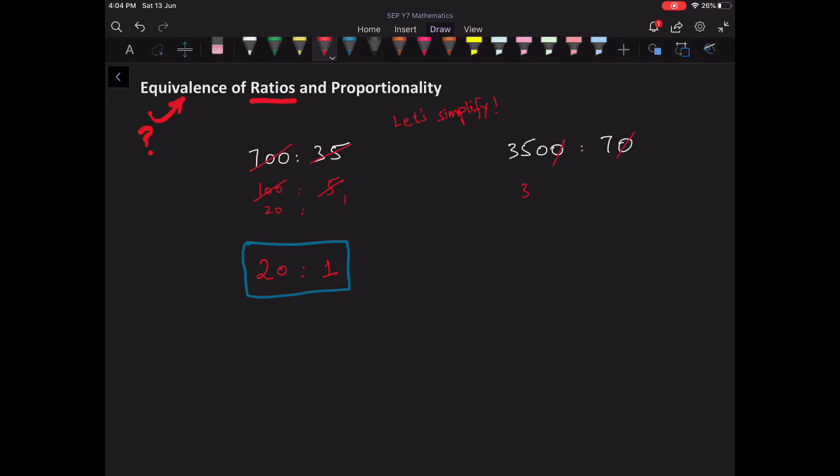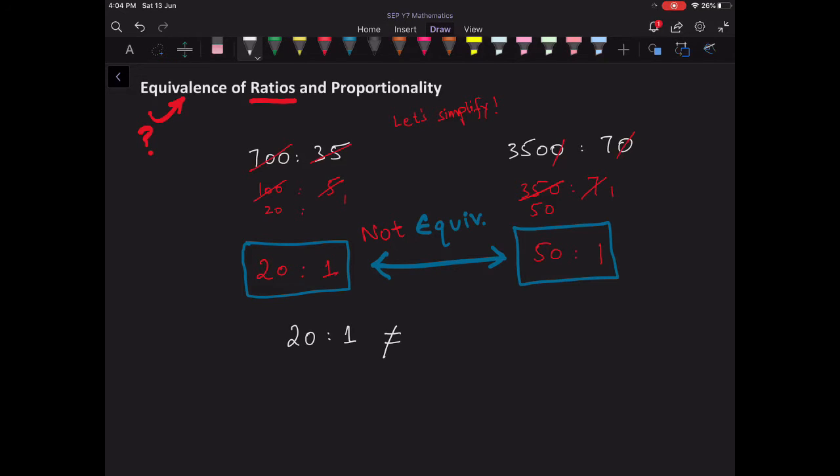We divide the second ratio first by 10 and then by 7. We get 50:1. You can see that the simplified forms are not equivalent. Therefore, the two ratios 700:35 and 3500:70 are not equivalent.